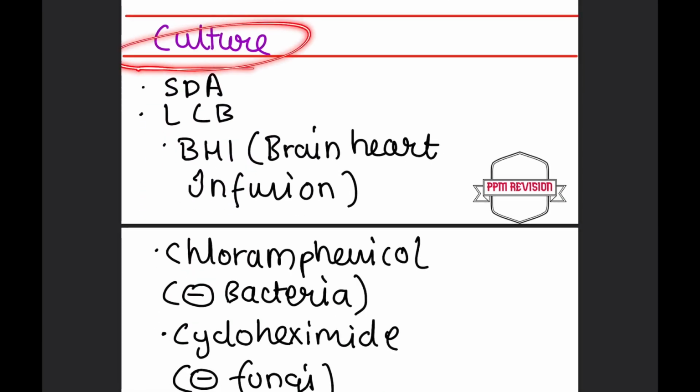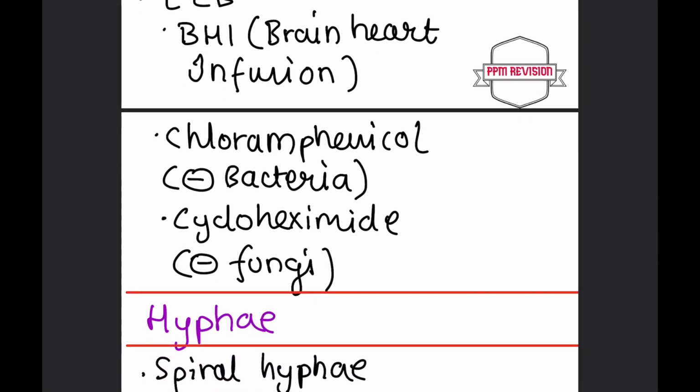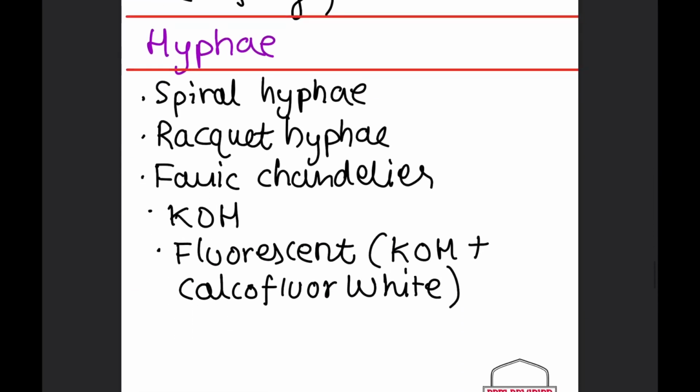Then here is culture. Again the same thing: SDA, LCB, and also brain heart infusion, and also chloramphenicol. Chloramphenicol inhibits the extra growth of bacteria, and cycloheximide prevents unwanted growth of fungi.